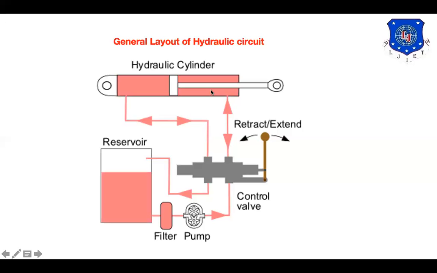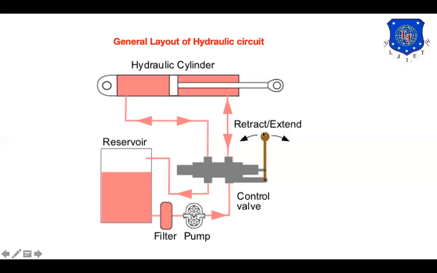Due to the high pressure of that working fluid, the piston will be taken back, and at the cap end the working fluid will have less pressure. That working fluid will be directed with the help of this 4x2 direction control valve to the reservoir section.